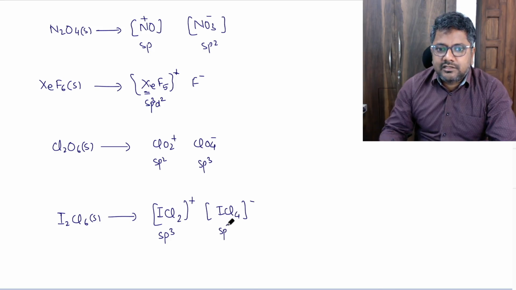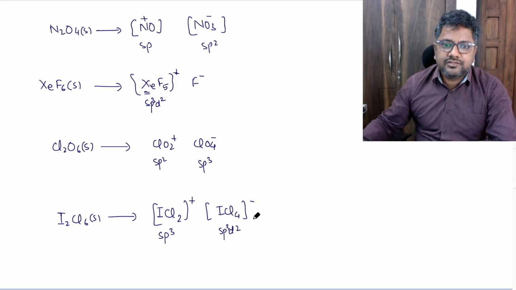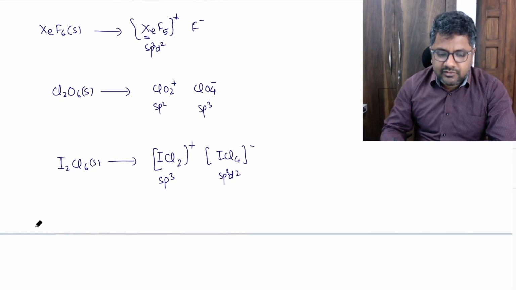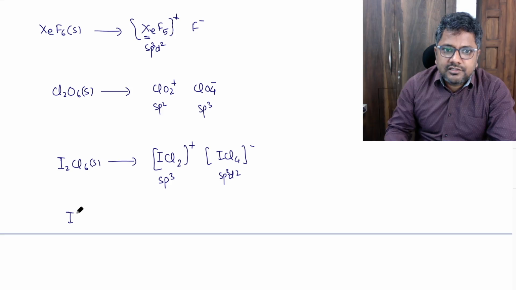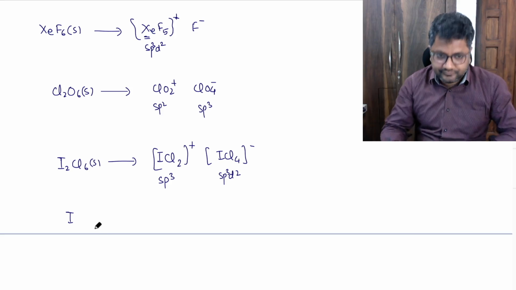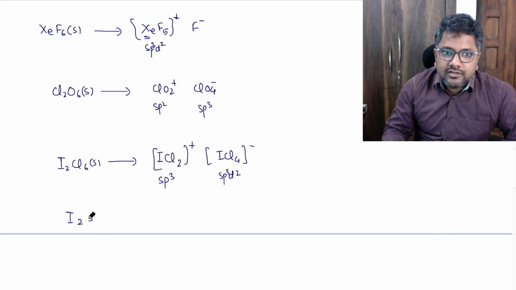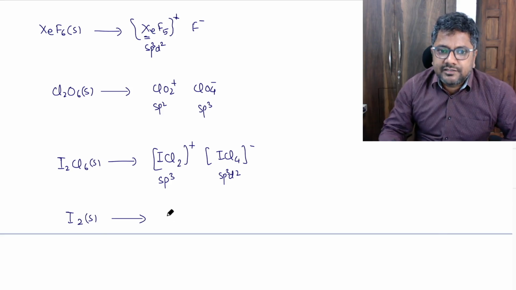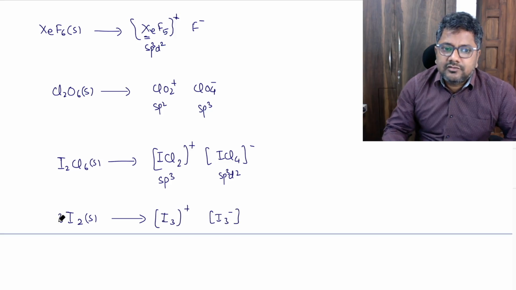Similarly, if you have I2 solid, I2 solid basically exists as I3 plus and I3 minus, from 3 I2.